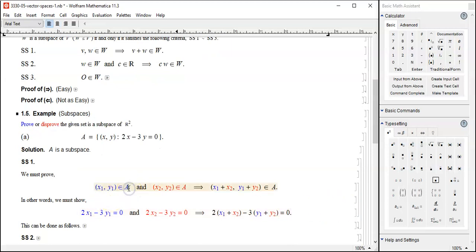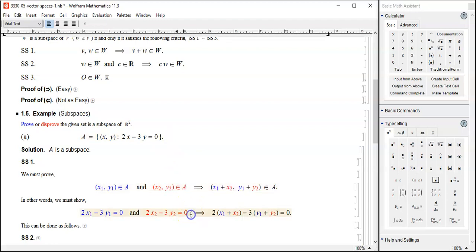So what does this blue condition mean? Equivalent to this blue equation. Do you see this? 2x minus 3y equal to 0. That becomes this. See it? Same thing goes here. Red condition becomes red equation. Again, why? This is the condition for inclusion.